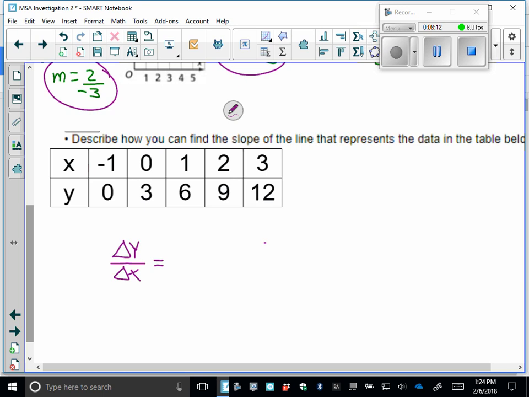You don't even have to use it, because the question says describe how you can find the slope of the line, and since it's telling you it's a line, going back to Ayla's question, you could get the slope here: the change in y is 3 units, and it's going up 1 unit.